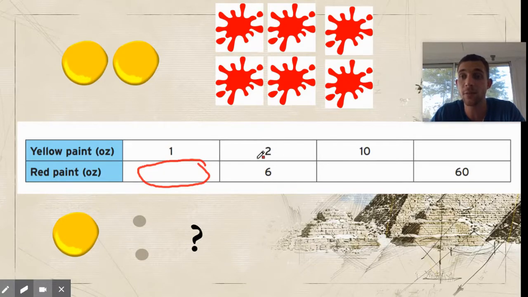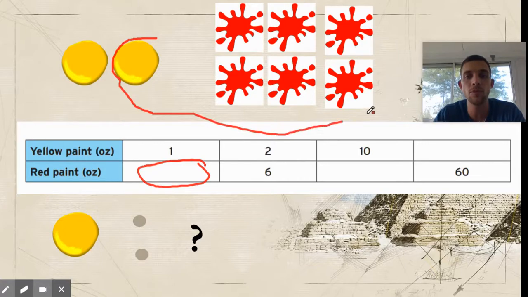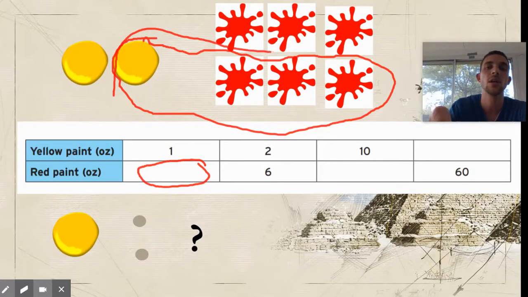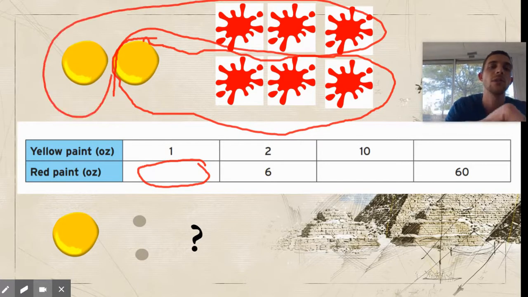That's excellent information for us to know. If we scaled this down, how much red paint would there be? You can do this by selecting and making groups. If I had 1 yellow paint, it would go with 3 red paints.